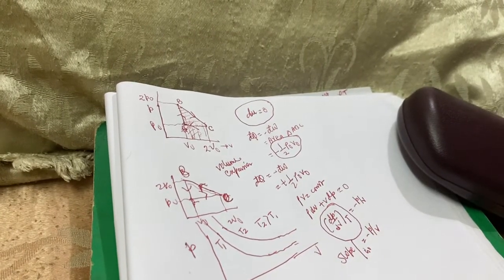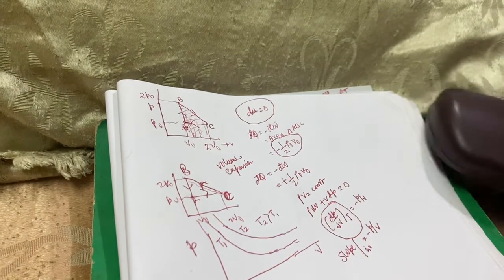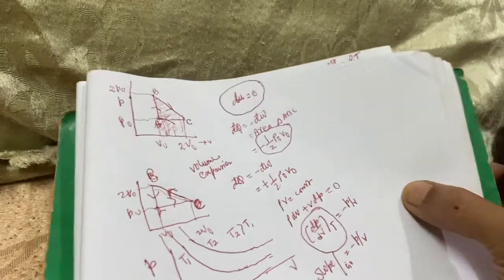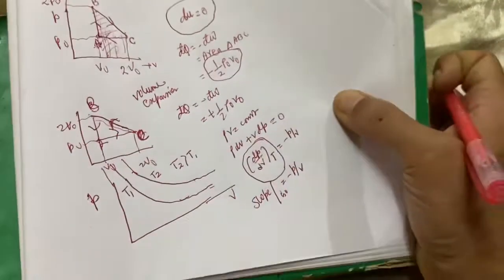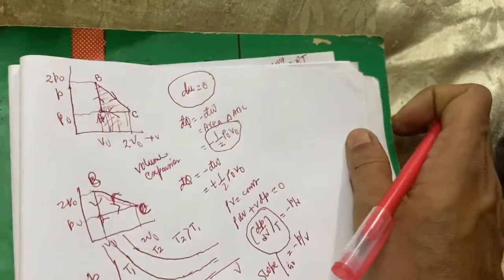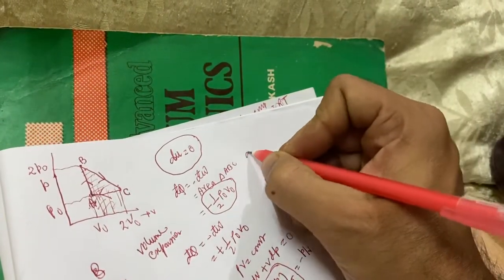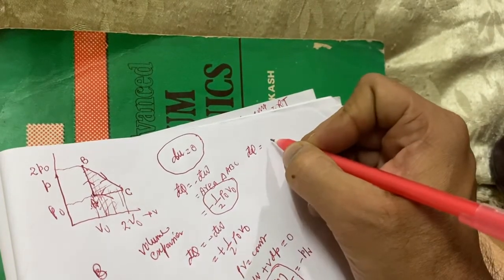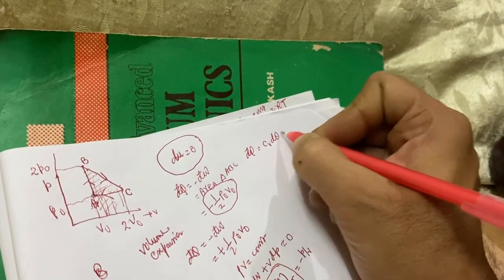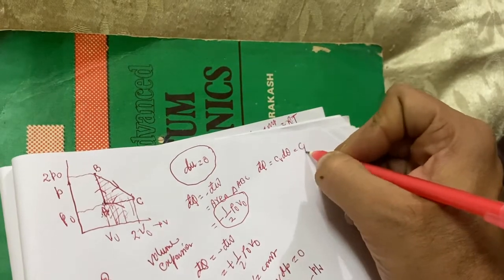Now, as we know, dq is equal to Cv d theta or Cp d theta.